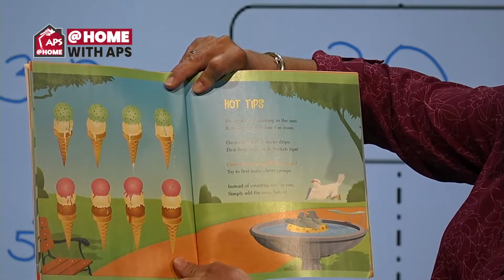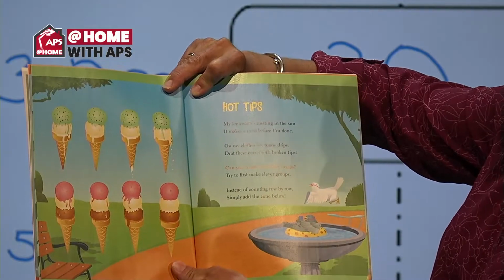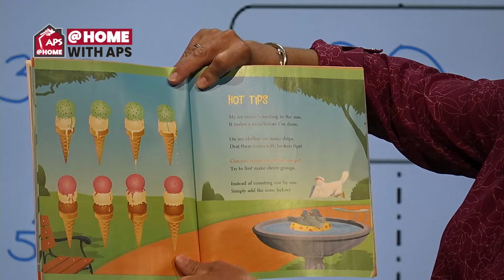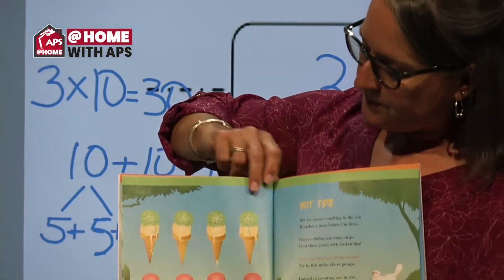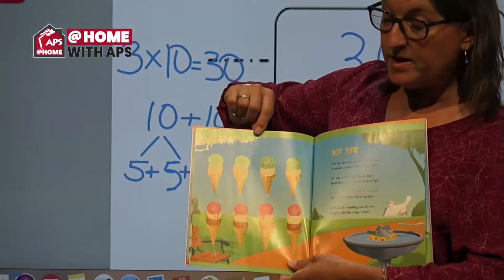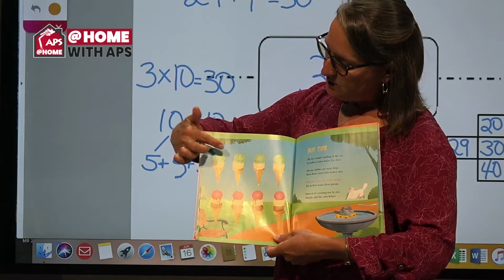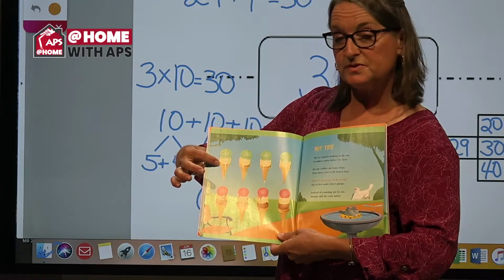Can you count up all the scoops? Try first to make clever groups. Instead of counting row by row, simply add the cone below. So, we could go across and count by ones, but there's a faster way if we find groups. So how many scoops are in each cone on the top? 2 scoops, right?